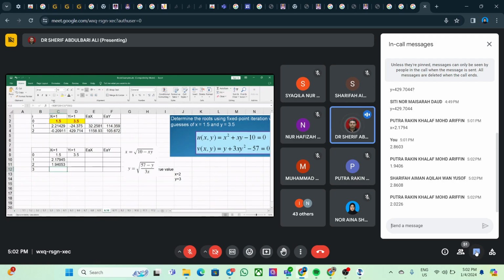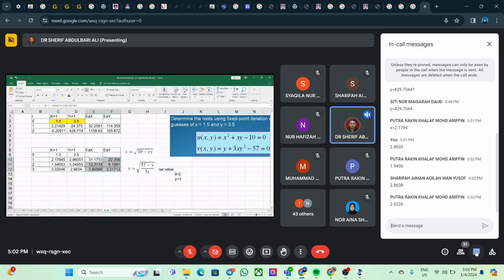It's not going to be 2.8, it's going to be 2.0. Okay. And this is the value you are going to get for the value of y. And when you calculate the error, these are the errors.